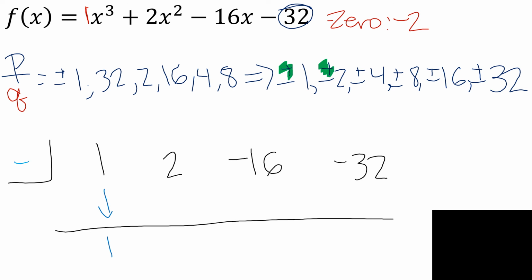Whatever we find right here, if it's 0, it's a 0. If it's a number, and really, in this column, once you see that that's not going to zero out, you can just stop. You don't have to go all the way through. So negative 1, 1, negative 1, negative 17, positive 17, stop. Didn't work. And just get rid of it.